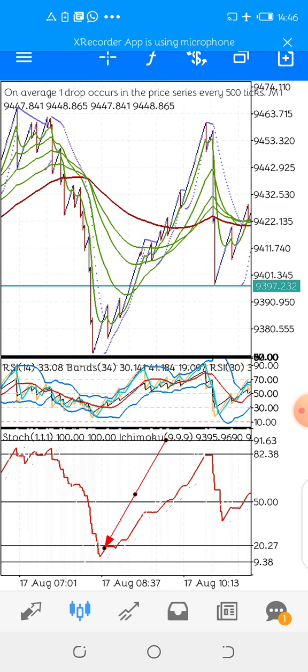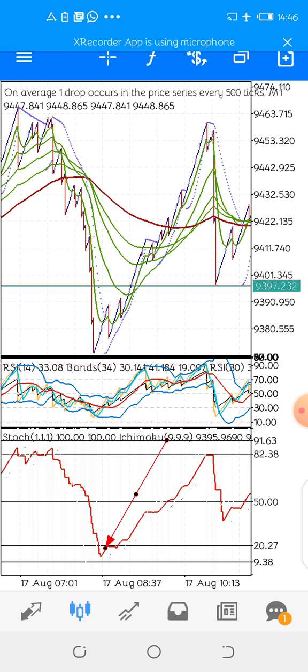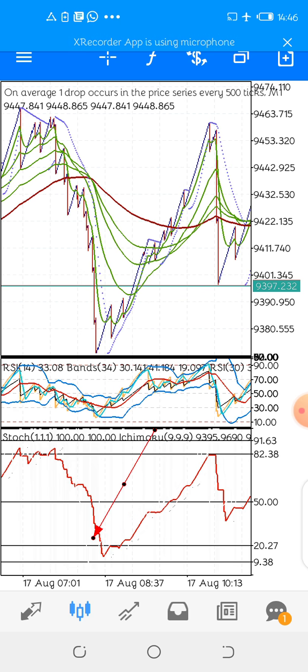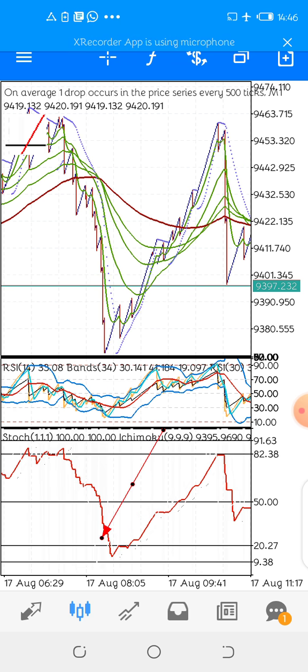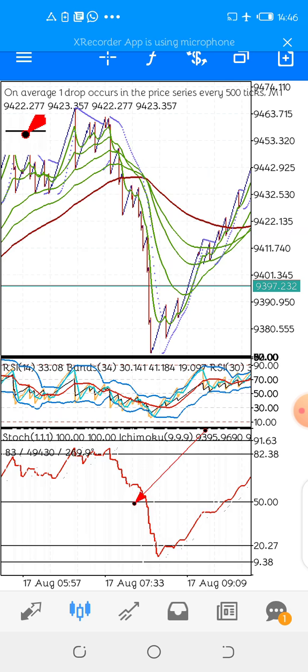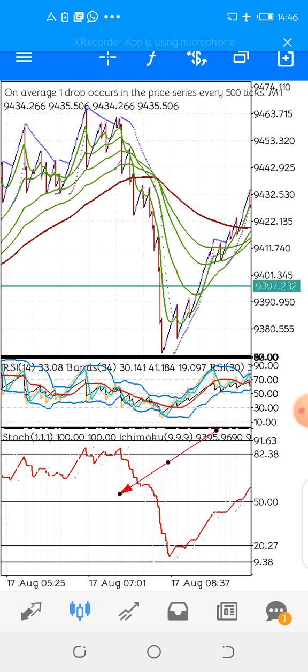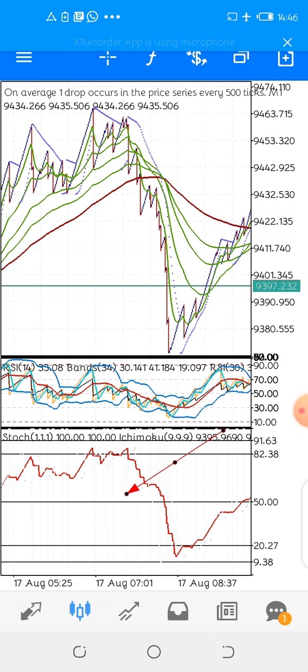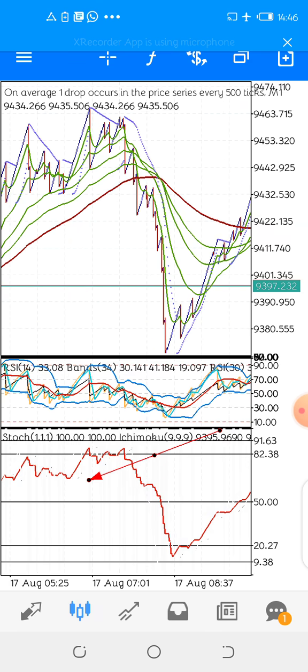Okay, so if by the time we are reaching level 50, which is here, our moving average on top, moving average 300 linear, is still below us, know that the Ichimoku will reverse at level 50 now here.